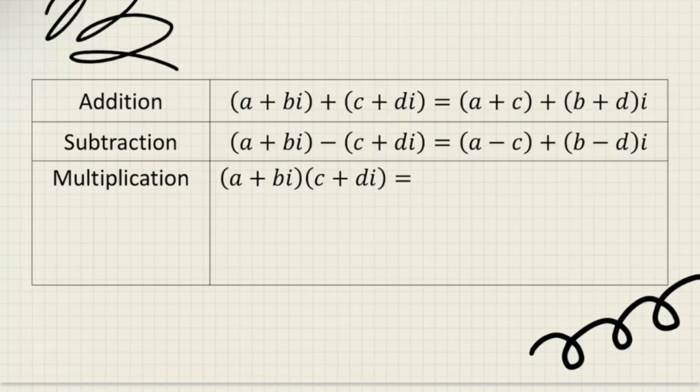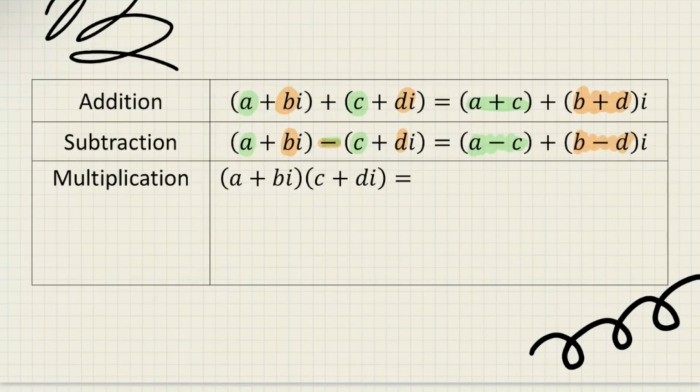So kita akan groupkan real part A plus C. So akan dapat inilah, dan kita akan groupkan B plus D untuk I. Okay, sama juga tolak. So A minus C, so kita dapat A minus C untuk real part, and imaginary part B minus dengan D. Okay, so ini adalah untuk subtraction.